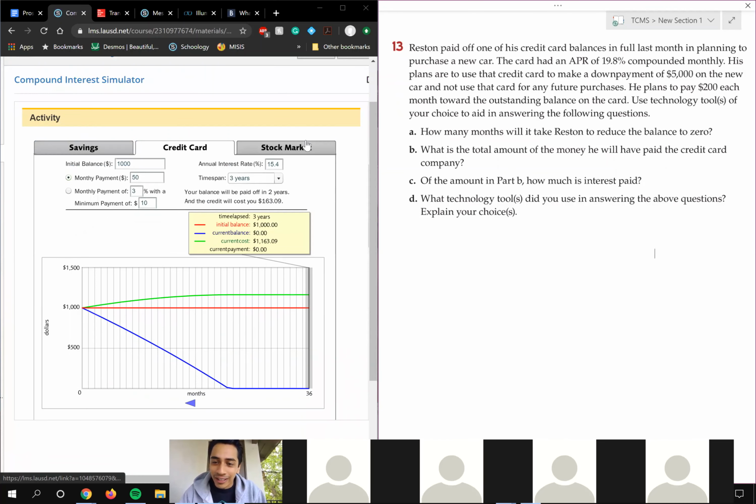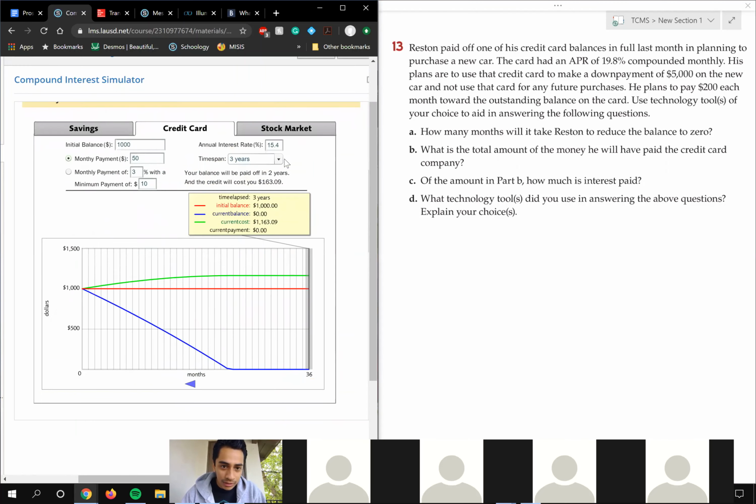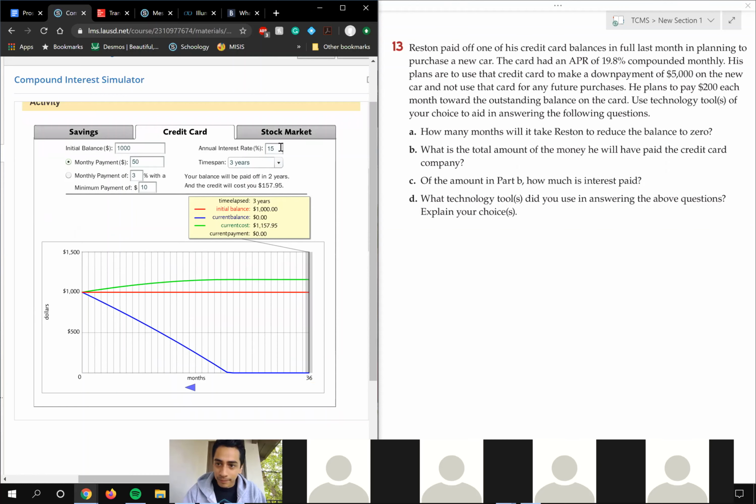All right, so the card has an APR of 19.8% compounded monthly. So we can adjust this annual interest rate. We can change it, hopefully. Yeah, 19.8. Okay, and this is monthly payments. He plans to pay 200 each month, so he's got 200 going towards that each month.